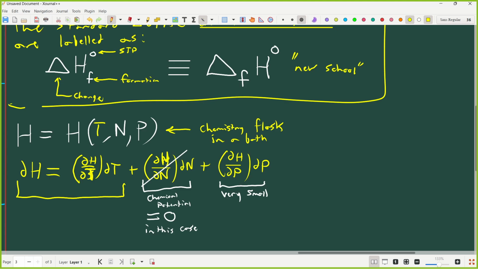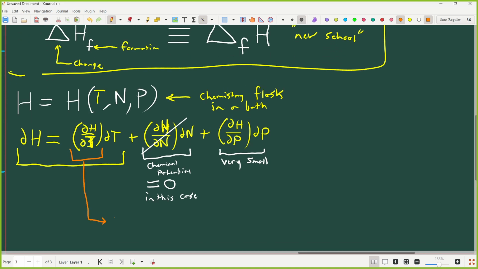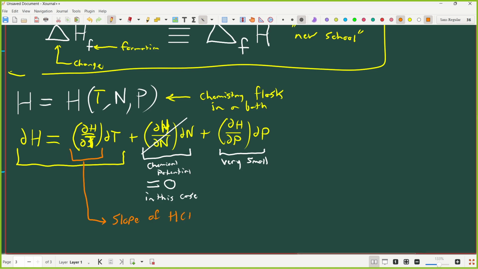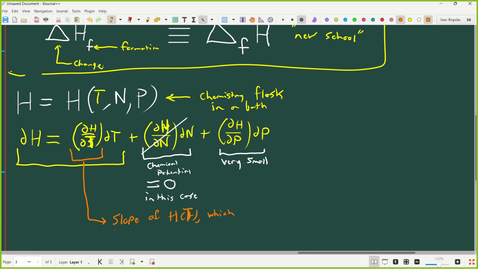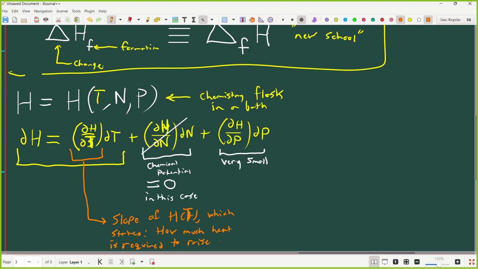So this derivative here is the slope of H of T, the temperature, not time, and it states how much heat is required to raise T by 1 Kelvin.